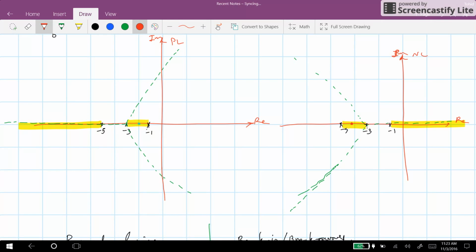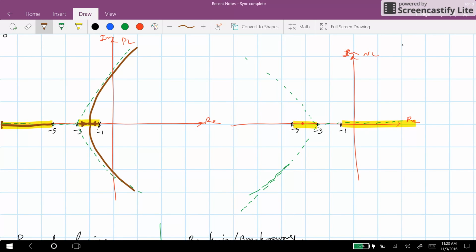So now we can start to draw the root locus for this system. For the positive locus, we will have a branch starting from minus 5 going towards minus infinity using that asymptote. We will have two branches originating from minus 3 and minus 1. They will meet each other here at the breakaway point, and then the branches will go towards infinity using the asymptotes.